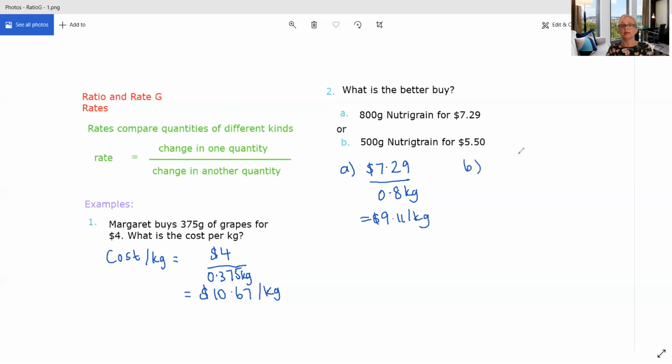For option B, it's costing $5.50 for 500 grams, which is 0.5 of a kilogram. If we divide that by 0.5, same as multiplying it by 2, so it's $11 per kilo. So which is the better buy? Clearly, in this case, as usually is the case, it's cheaper to buy in bulk. So A is the better buy.